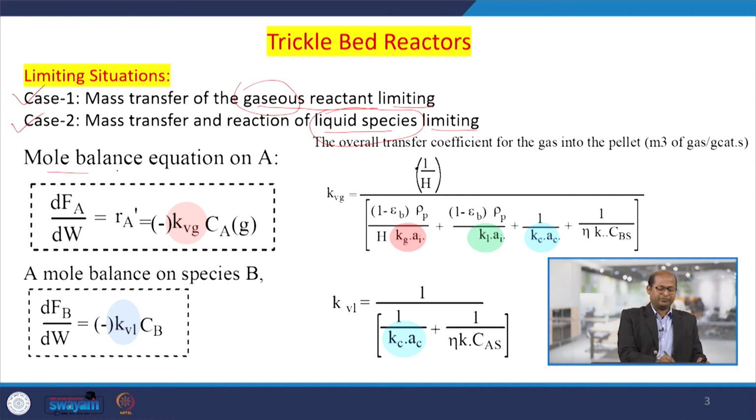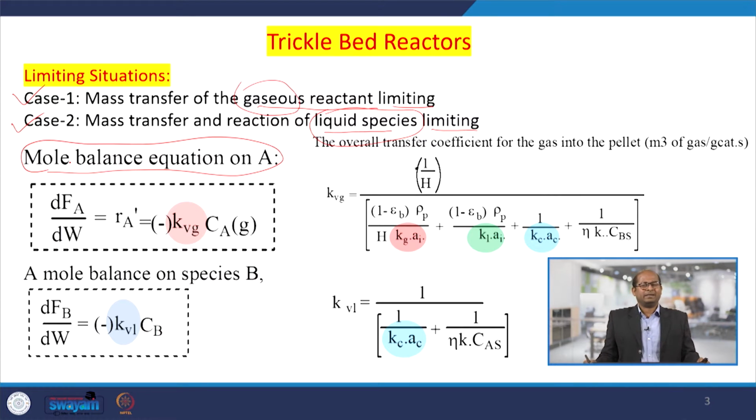Let us say the mole balance equation for component A, reactant 1, that may be the gaseous component. The design equation that we discussed in the previous class is dFA by dW equals Ra prime equals minus KVG into CAG. CAG is the concentration of the gaseous component A, and KVG is the overall mass transfer coefficient for the gas phase.